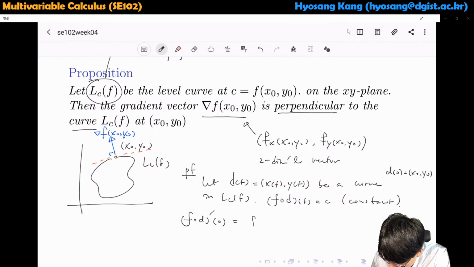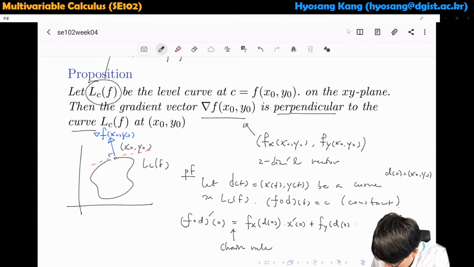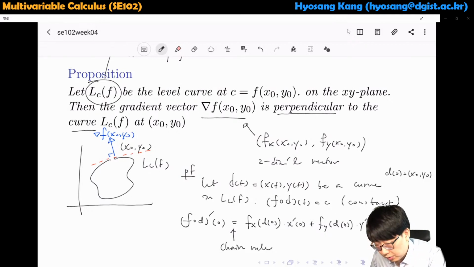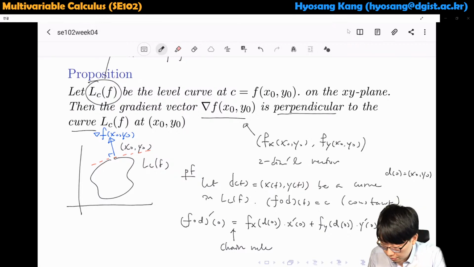That means by the chain rule, I have f_x at (x0, y0), which is d0, times x prime 0, plus f_y at d0 times y prime 0, equal to 0, because on the right-hand side I'm taking a derivative of a constant, right?